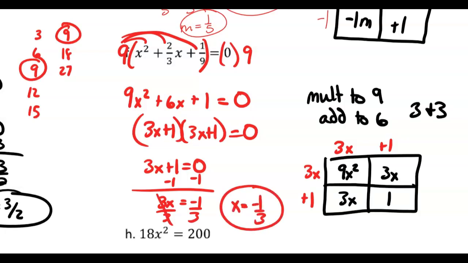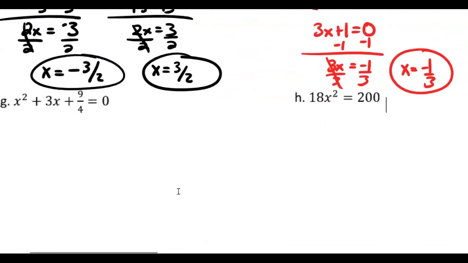And you don't have to do the other one because it's also 3x plus 1. Since they were exactly the same, this one only is going to have one answer because they just have repeated solutions. Now, write this one as a fraction because if you put it as a decimal, putting negative 0.3, that's not the same thing. So you got to put negative 1/3 because you don't want to have to round it off. That's not quite accurate.